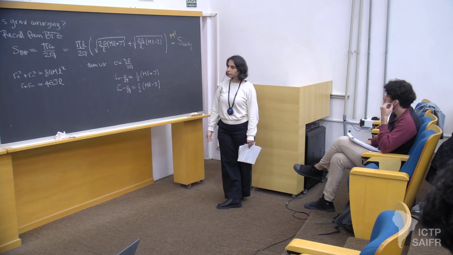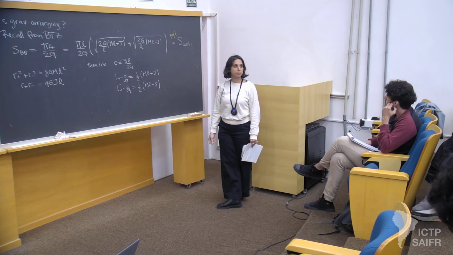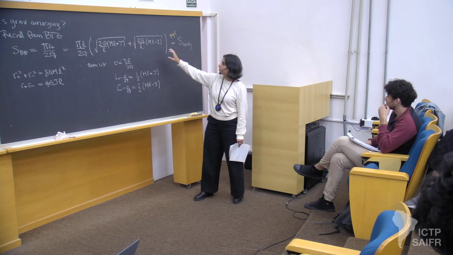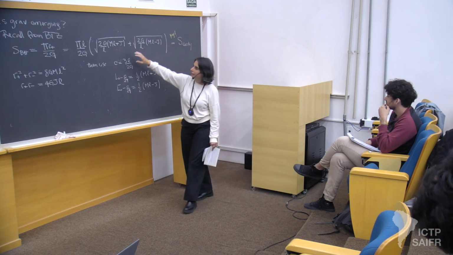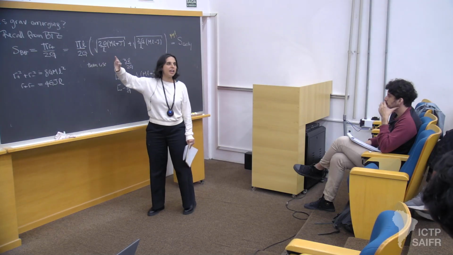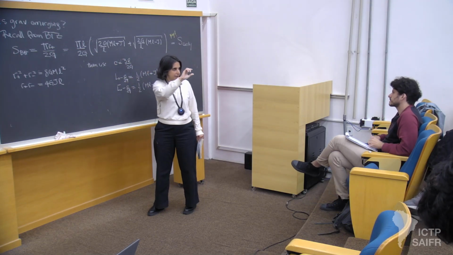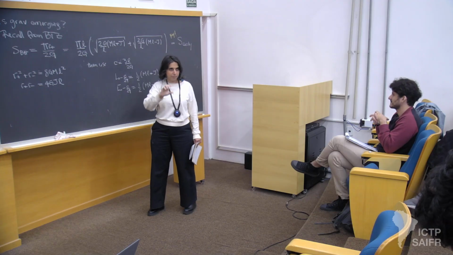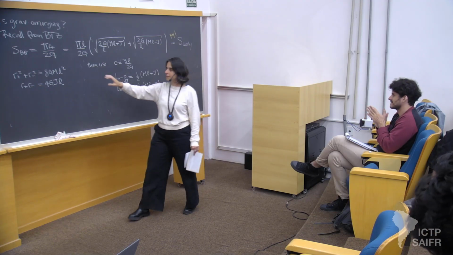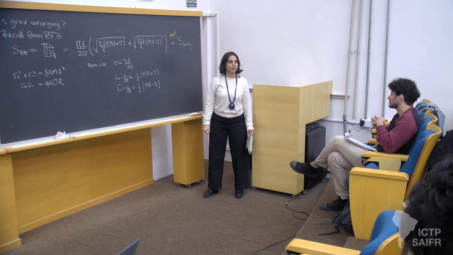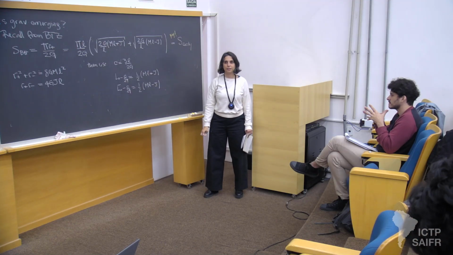But it looks like CFTs know about black holes. A little bit. Cool, no? And even with the coefficients, it's not like, oh, it kind of has the right units. No, the thing matches perfectly. This area was secretly the entropy of black holes.